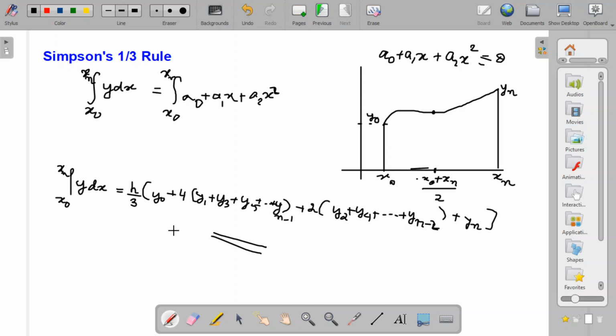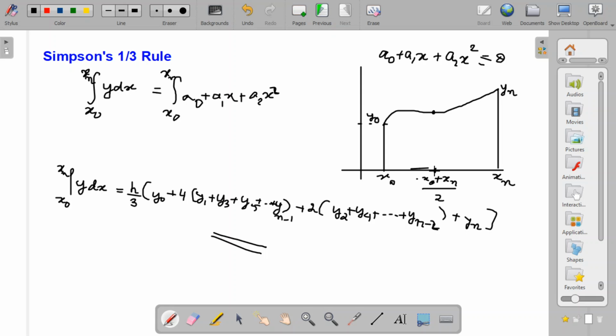The one thing we have to keep in mind is that we have to divide the whole range into an even number of intervals. As I have drawn here, the whole interval was divided into 2 units. Similarly, the whole interval has to be divided into an even number of subintervals.